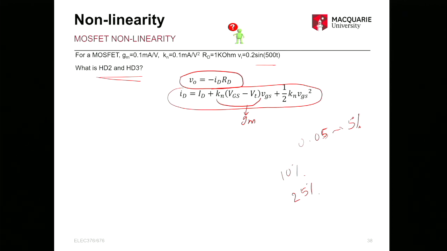Who got 5%? 1, 2. Who got 10%? 1. 25? Only 1? Any other answers? 15? 50? 50%?